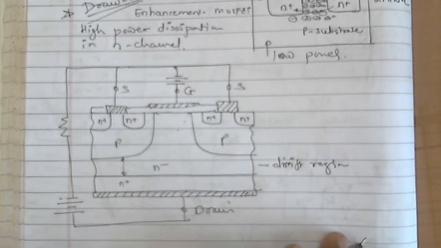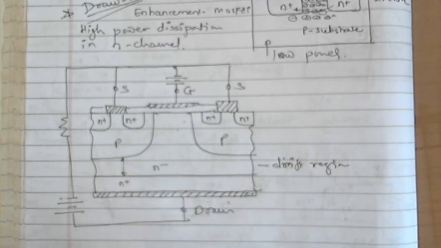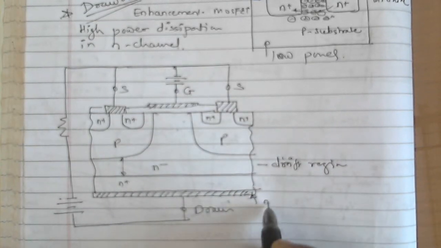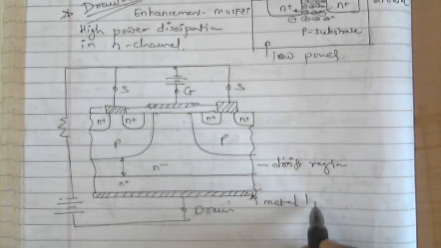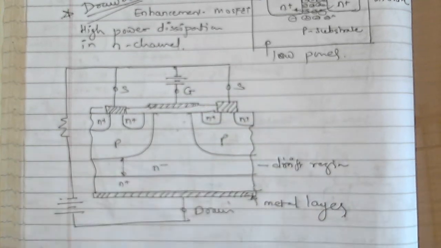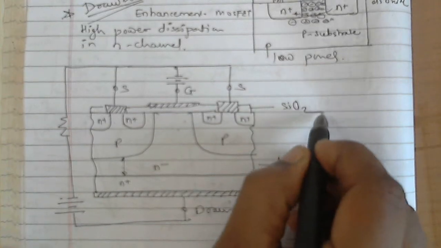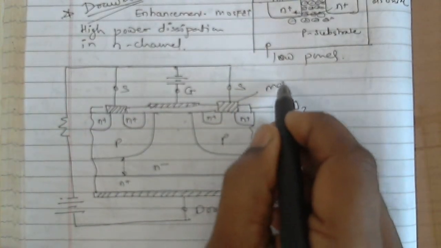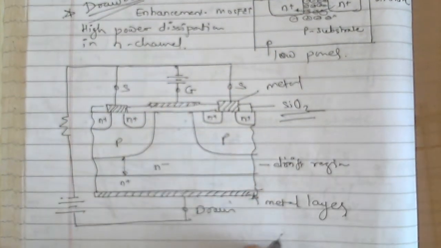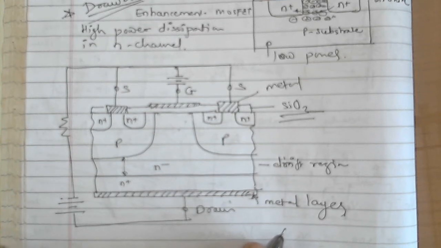So this is the structure of a 4 layer MOSFET. This is the metal layer, this layer is SiO2 silicon dioxide, and this is metal. Due to this SiO2 it is called a metal oxide silicon field effect transistor.